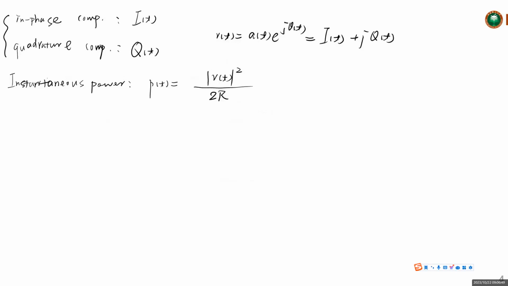R is the resistance of the load. And this is how to obtain the instantaneous power, how to calculate that.